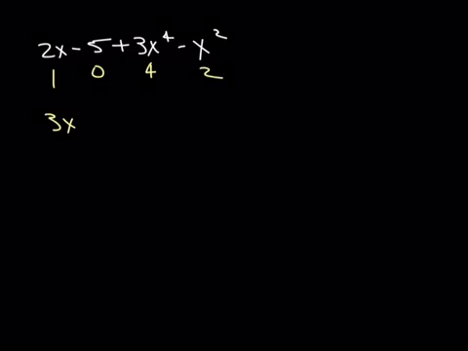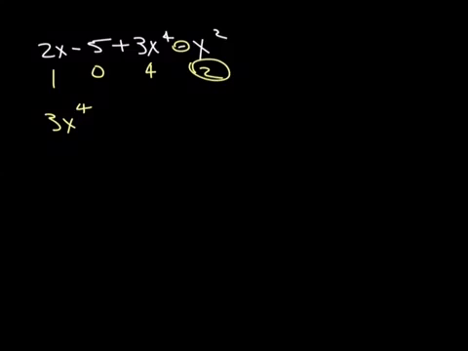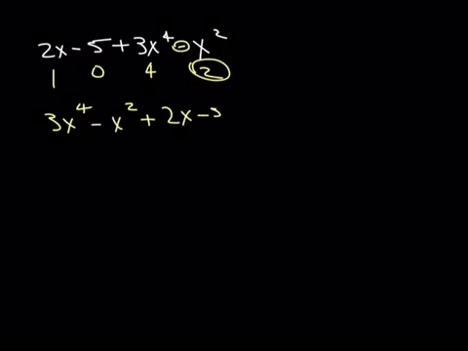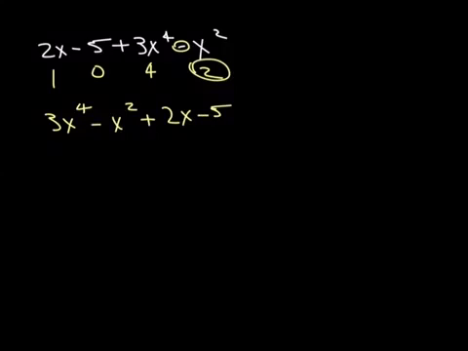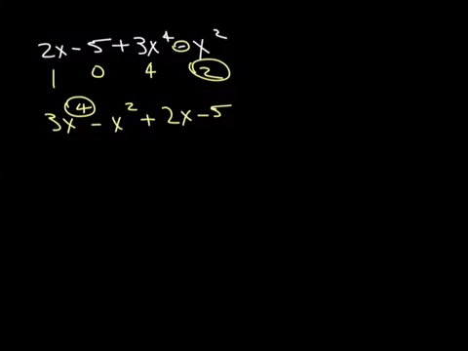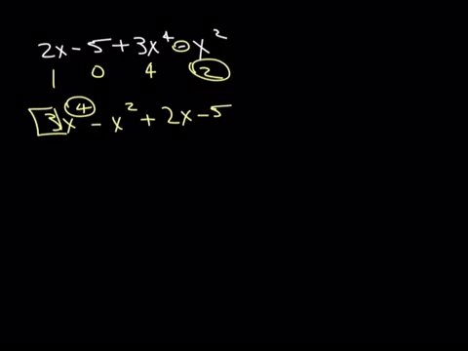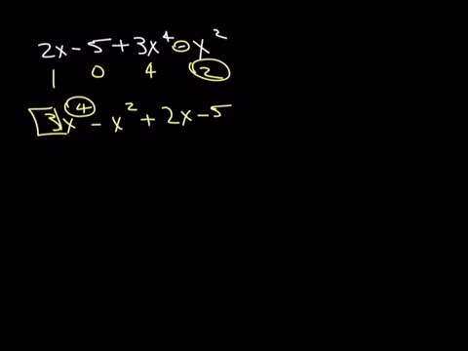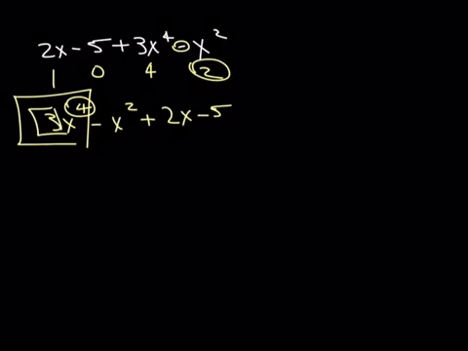So 3x to the fourth, and we go then to the next one, but we have to carry the sign with it, plus 2x minus 5. Okay, so there it is in standard form. The degree of the polynomial is the first term's exponent, and then the leading coefficient is the 3 right here. The coefficient is the number in the first term that we're talking about there. Okay? So that's pretty much it.